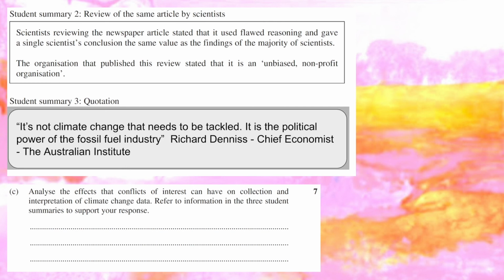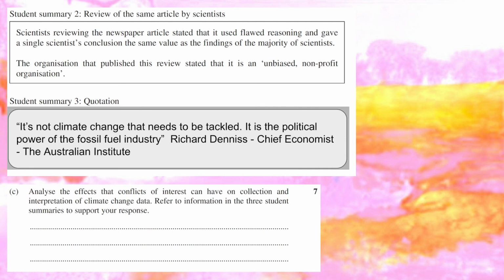And then what you have to do, once you've done that, is link all the bits together. I'd almost start with the third one, which is saying that the fossil fuel industry is exerting influence on politicians, and that means that they provide data which is hard for people to understand. You can talk about the fact that most people, when they read a newspaper article, probably don't understand all the data, particularly if it's presented in a certain way.